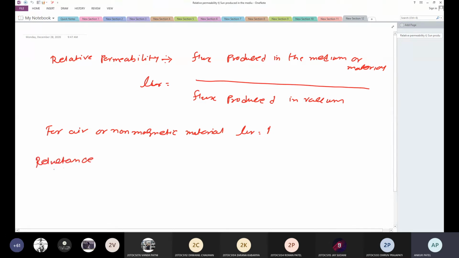The function of reluctance is the same as resistance. Reluctance provides the opposition in the magnetic circuit.